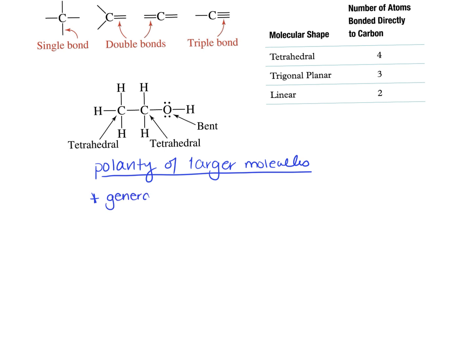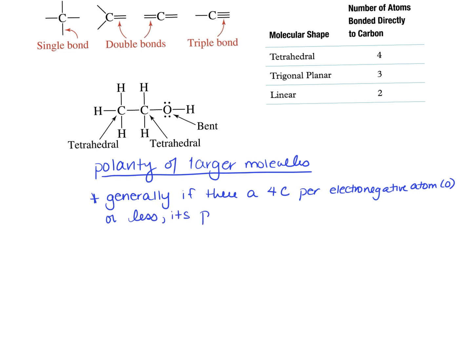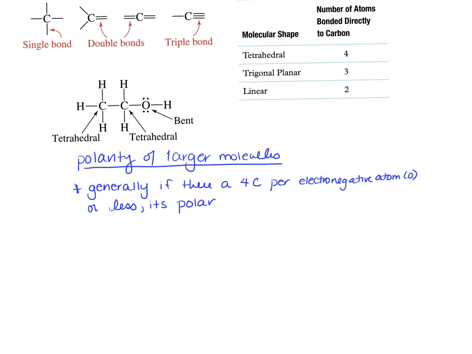Generally, if there are 4 carbons per electronegative atom, which most of the time is going to be oxygen for us, or less, it's polar.